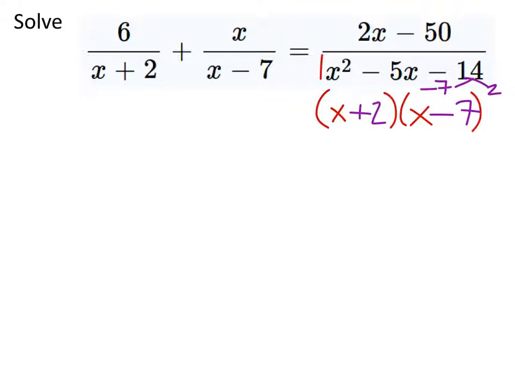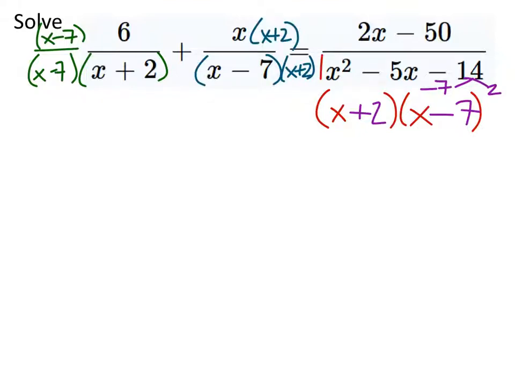So I need common denominators of x plus 2 and x minus 7. So this x plus 2 needs another x minus 7. And then this x minus 7 needs an x plus 2. But also in the numerator, right? Well, now I have common denominators throughout, which means that if I took x minus 7 times x plus 2, I could have had x squared minus 5x minus 14.